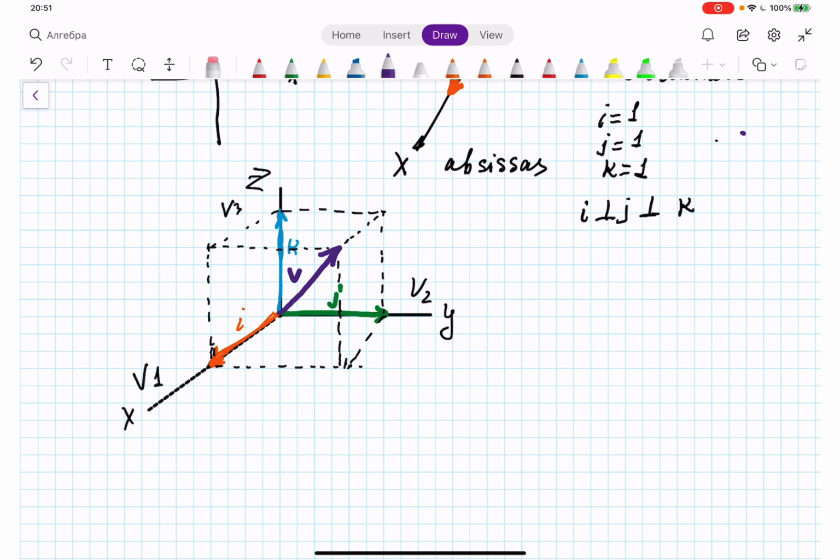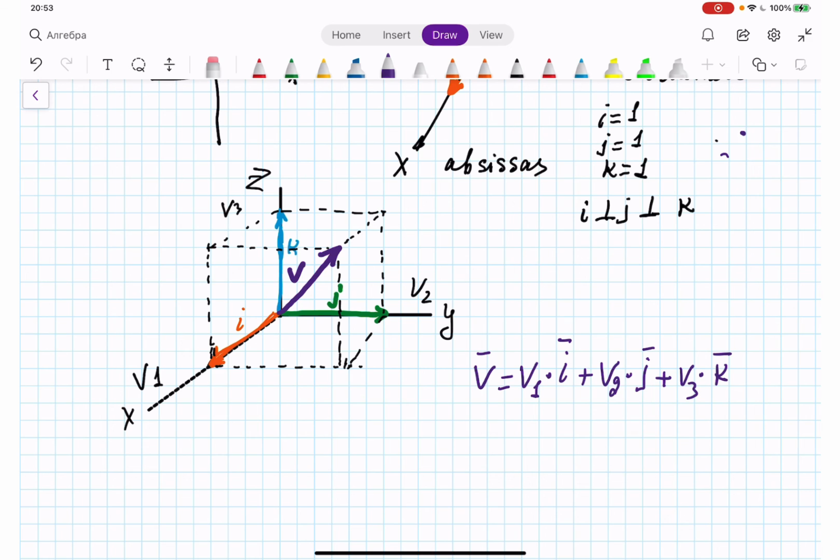This is our vector V. So vector V is equal to V1 times i plus V2 times j, because these unit orths are vectors, right? And plus V3 times k.